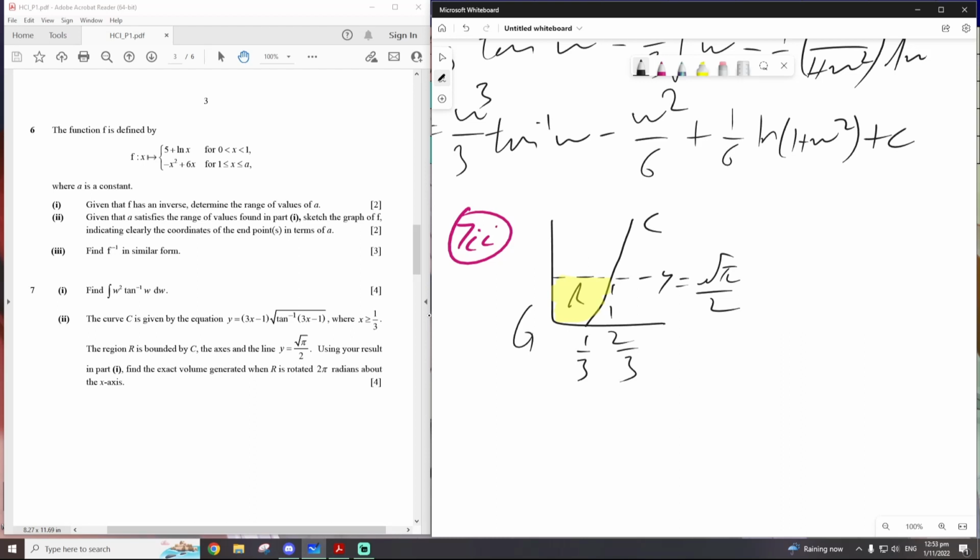So what we're going to do is consider the cylinder that we get when rotating the rectangle, then subtract away the volume from the curve. So the volume will be the volume of the cylinder, which is pi r squared h, so pi times pi over 4 times 2 over 3, minus the integral from 1 over 3 to 2 over 3 of y squared dx, right?